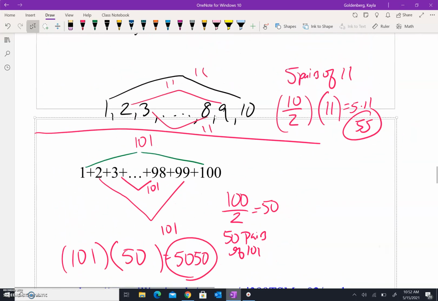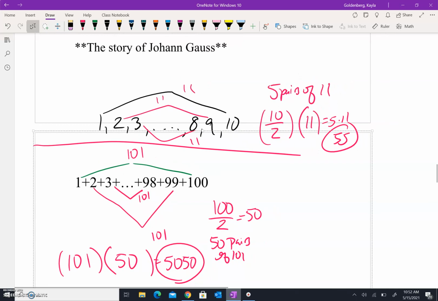Before we look at the general formula for a sum, the reason why this idea connects to an arithmetic sequence's sum is because this list of numbers is technically arithmetic. If I think about 1, 2, 3, your common difference is 1. So these are technically arithmetic sequences.